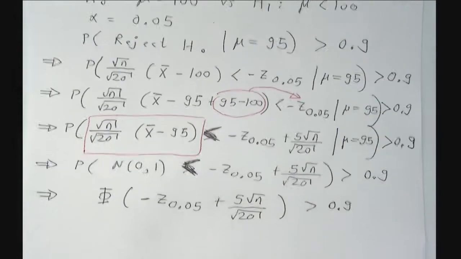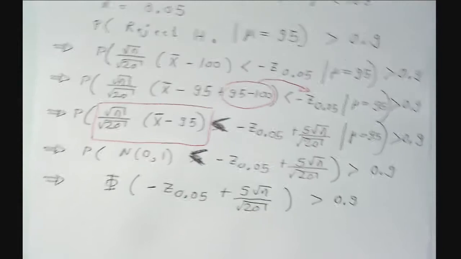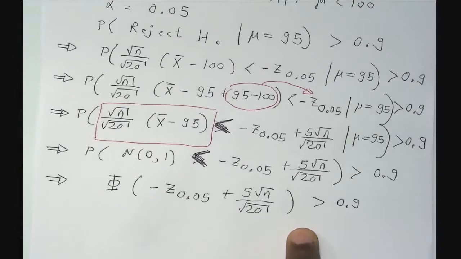Now the thing is, we need to solve this inequality for n. So what's the next thing we should do, guys? What you have here is an inequality, and we want to solve for n.